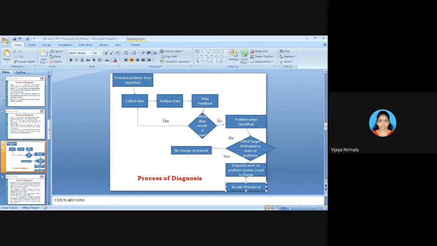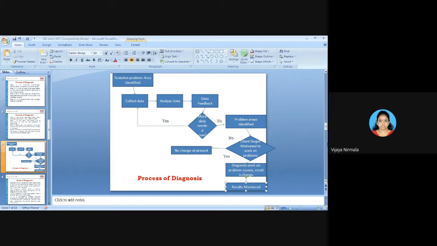So these are the steps in the process of diagnosis. We have 9 steps. Each step starts from identifying the tentative problem area. Based on that, you collect the data and analyze the data, and you get a feedback, right? When you are analyzing the data, you get two outcomes: you require some more data to be added, or no change at present.